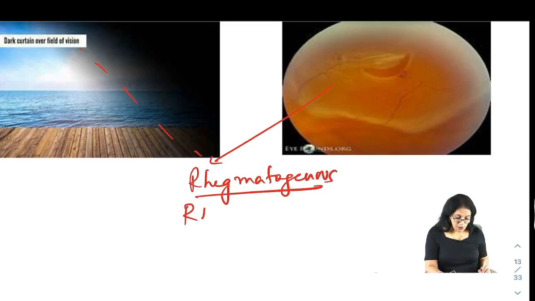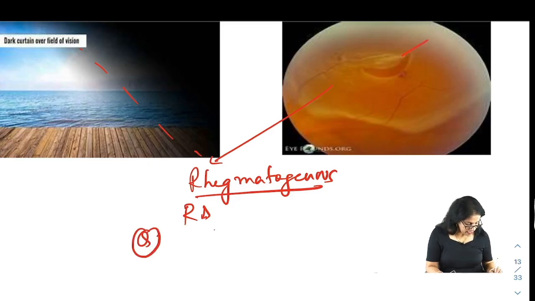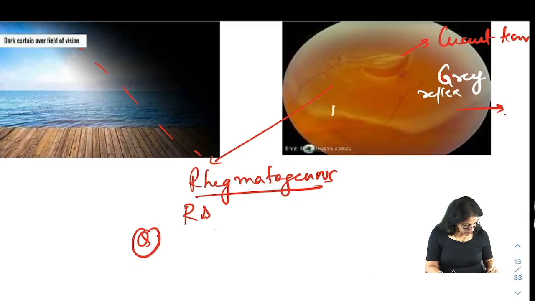And I hope you all know another question: rhegmatogenous is the most common RD. What you're looking at here is a giant tear. I can see almost a demarcation line, and this is the gray reflex of the color, which is showing you the detached retina. This looks more like a demarcation line, right?